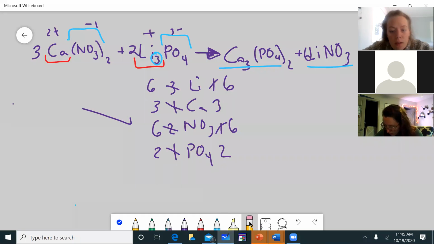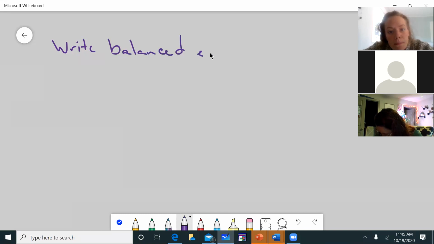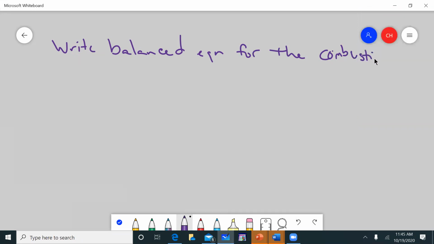So I'm going to have you write a complete balanced equation for the combustion of hexane. Now, at some point, you will know what hexane is later on in the semester. You will get to learn all that nomenclature.